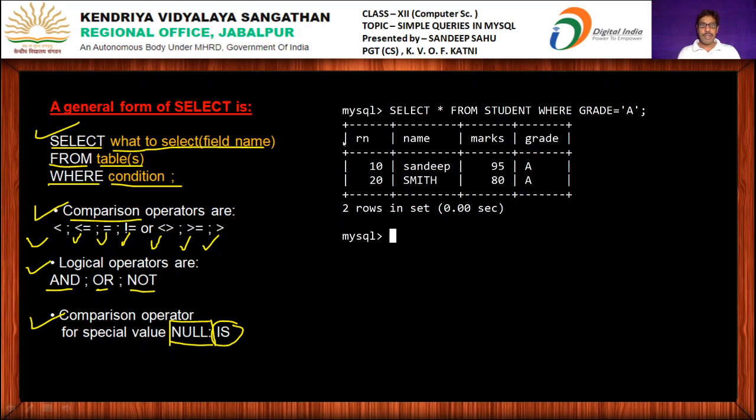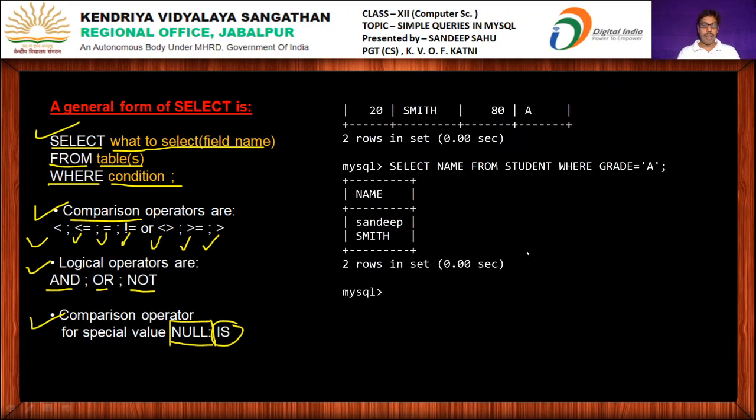When we use asterisk, all columns will come, and if you want to display name only, then in place of asterisk you have to write the column name, then as it is, from student where grade equal A. So you can see here only names are coming in place of whole records.